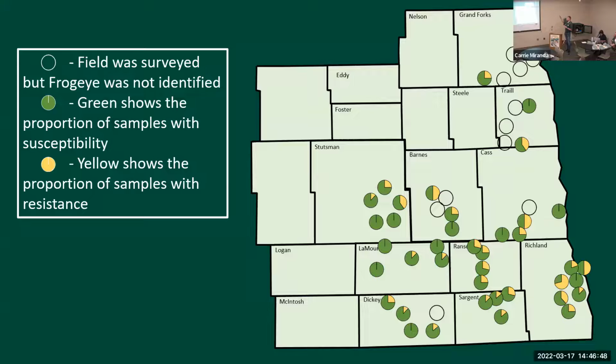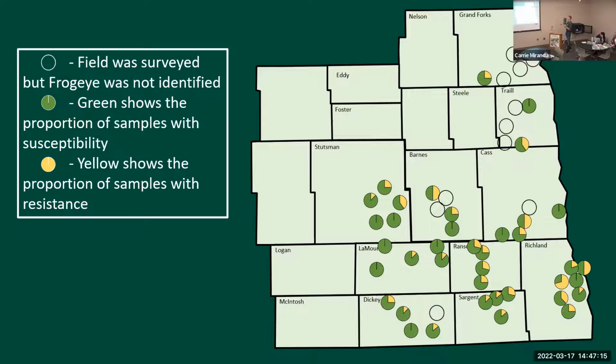fungicides. And so what I'm showing up here, each pie chart is geographically located on the spot where the field was surveyed. And the pie chart is showing the proportion of samples that are either susceptible to QOIs or strobilurins. QOIs and strobilurins are the same thing.